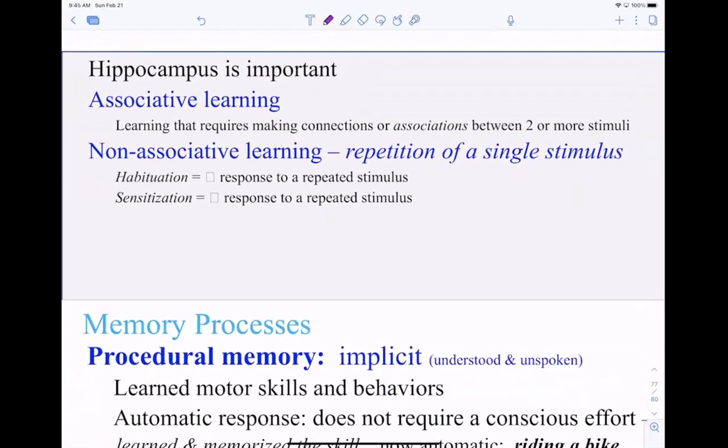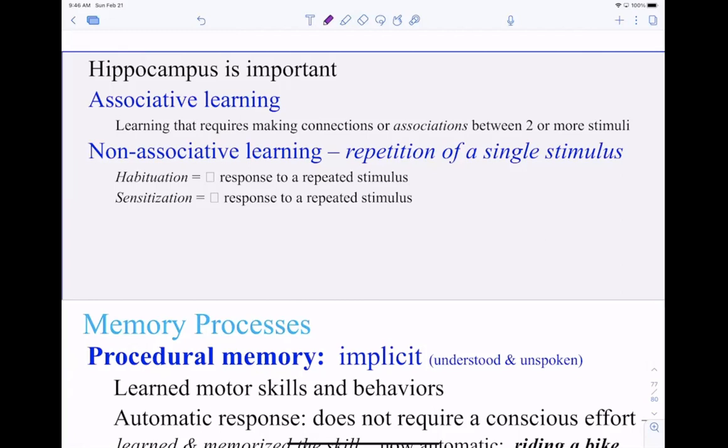So hippocampus is where we have memory and learning coordinated. Associative learning is where you attach stimuli to kind of known stimuli. You're making associations. Generally, a new stimuli is attached to an already known stimuli. Non-associative is just you repeat something over and over again.